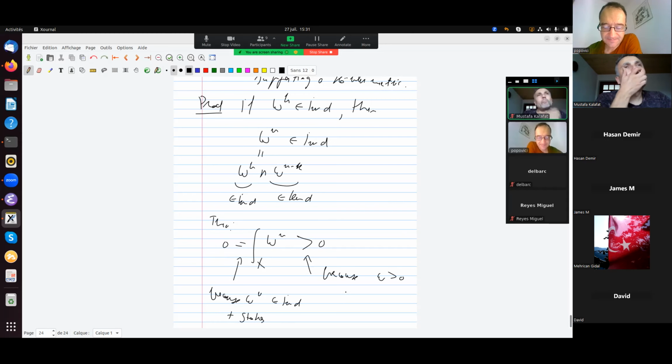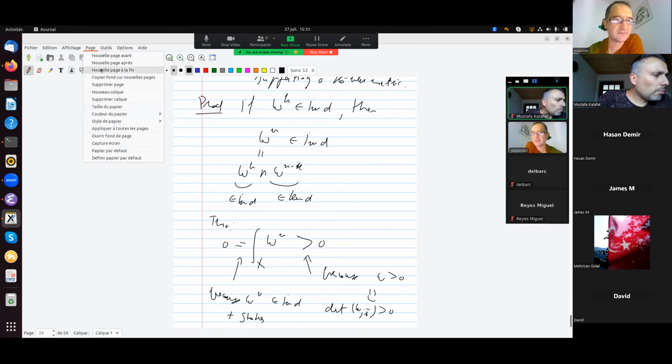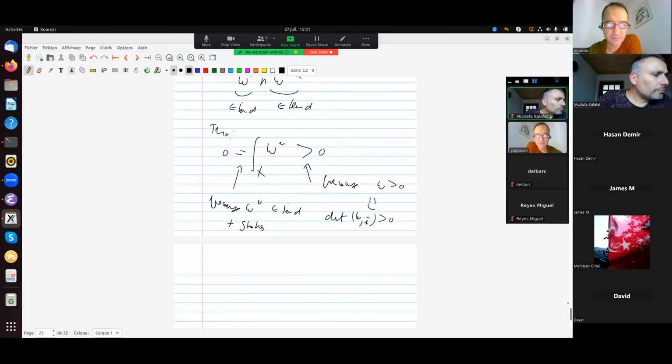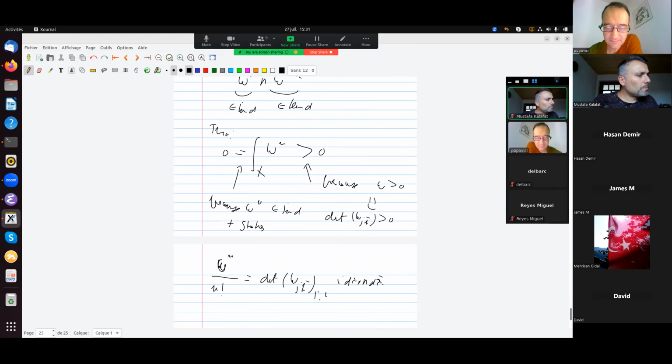This implies that the determinant of the coefficient matrix is strictly positive. Omega to the power n over n factorial, if you write it in local coordinates, is exactly the determinant of the coefficient matrix, times i dz_1 wedge d\bar{z}_1, wedge up to i dz_n wedge d\bar{z}_n.